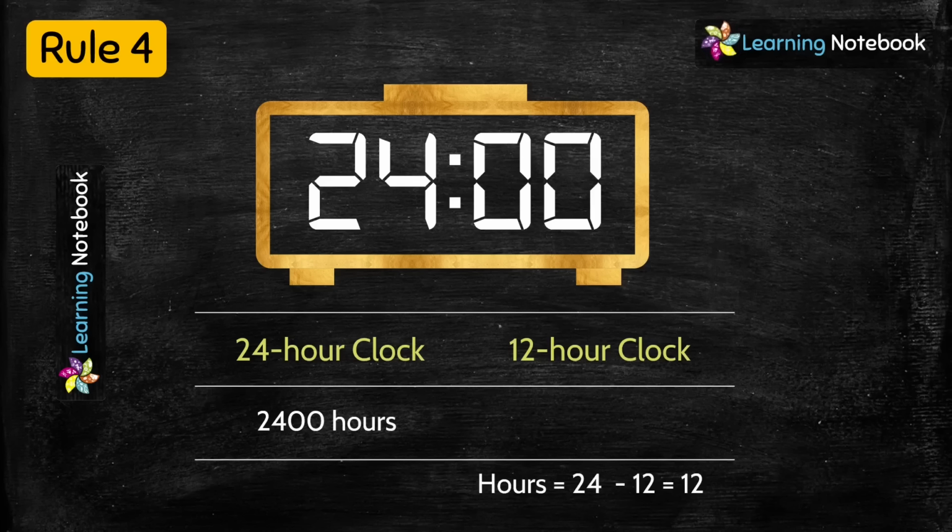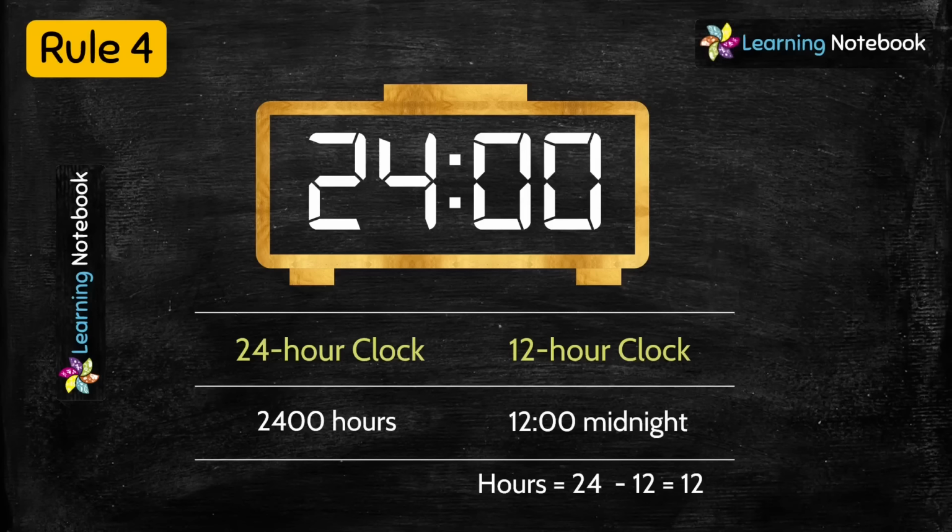Since hours is exactly 12, so we do not use AM or PM with 12. We will use midnight. So this time is going to be denoted as 12 midnight according to 12-hour clock.